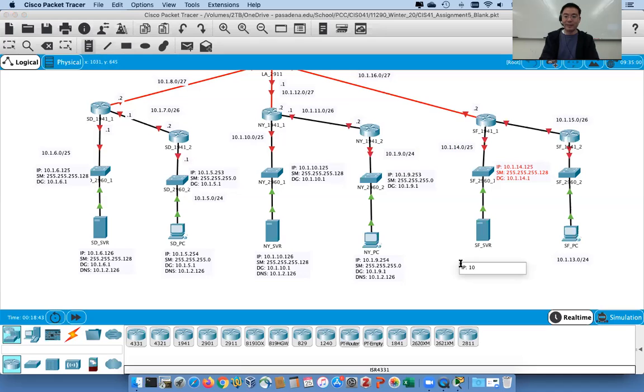Okay, IP 10.1.14.126. Okay, 10.1.13 network.